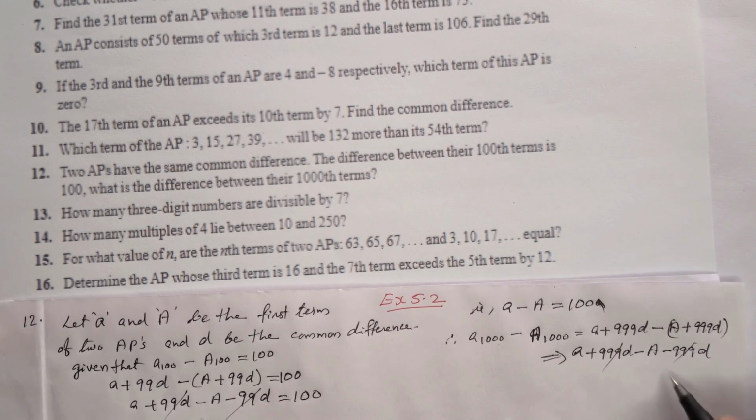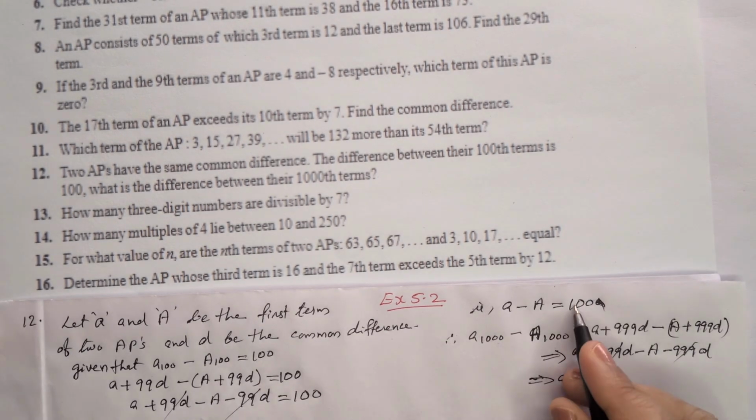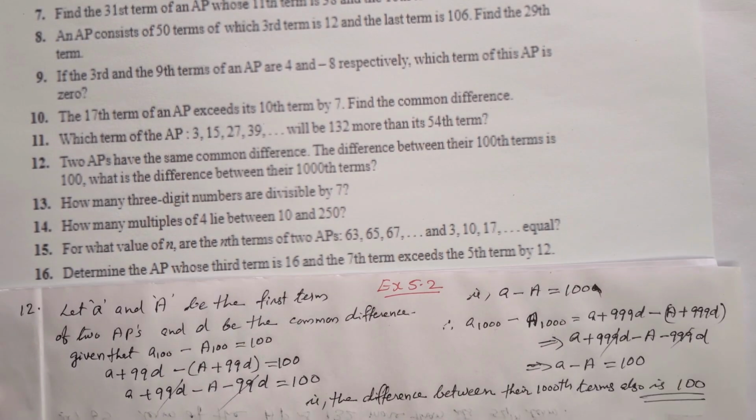So here this 999d will cancel, which implies small letter a minus capital A we will get. That we already have as 100. So we can write the difference between their 1000th terms is also equal to 100, the same as for the 100th terms.